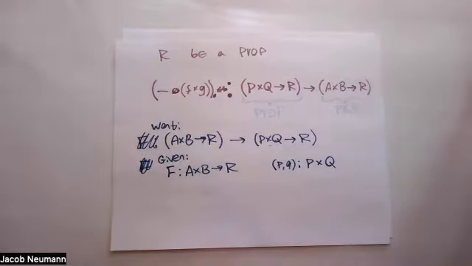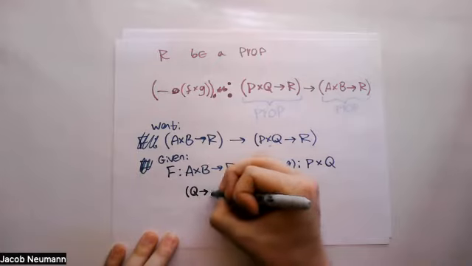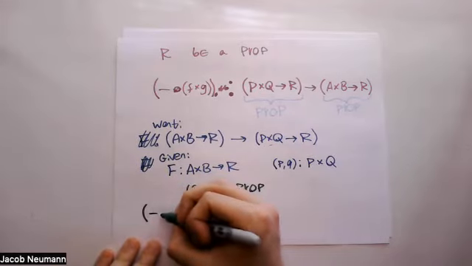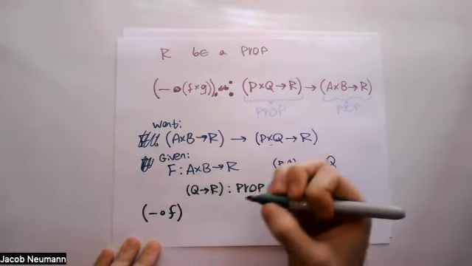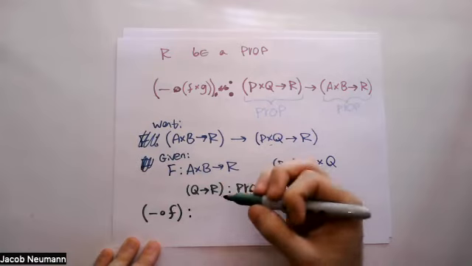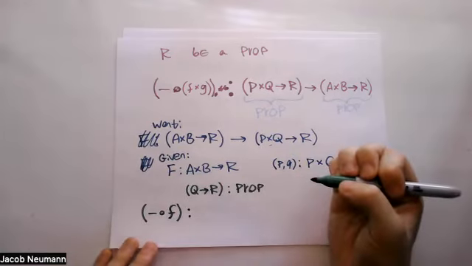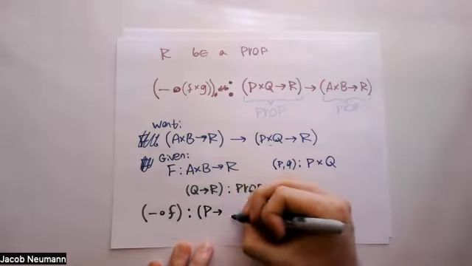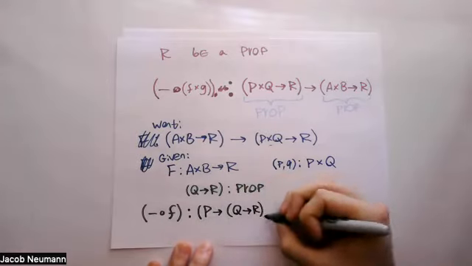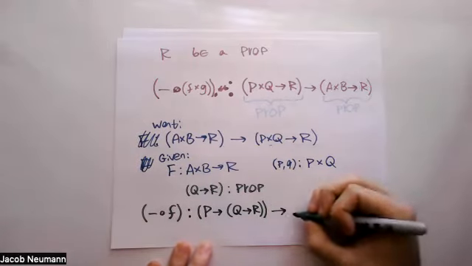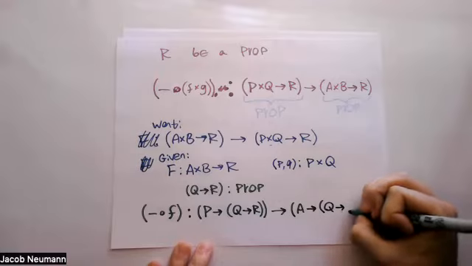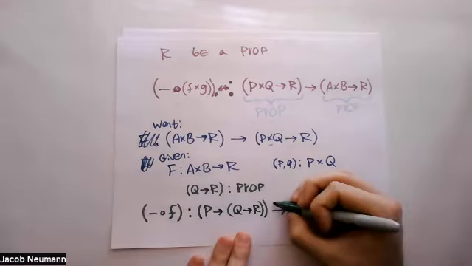So let's take the proposition Q arrow R. That's a proposition, and therefore precomposing with F goes from P arrow Q arrow R, the type I'm mapping into, to A arrow Q arrow R. And so this is an equivalence.